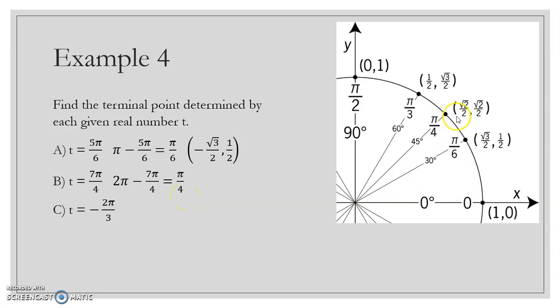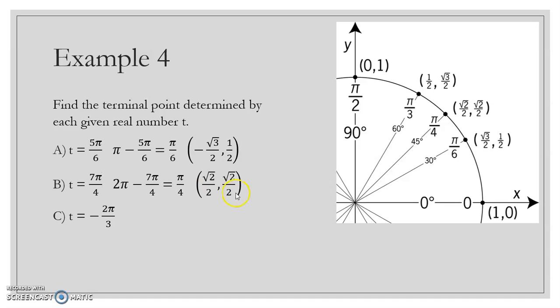Pi over 4 is right here with this terminal point, so I'm going to steal that point and then adjust the signs. Okay, so this was my point, and now I'm in fourth quadrant, which means x is positive, y is negative. So right here, I'm going to add a negative sign for being in fourth quadrant, and that is the answer.